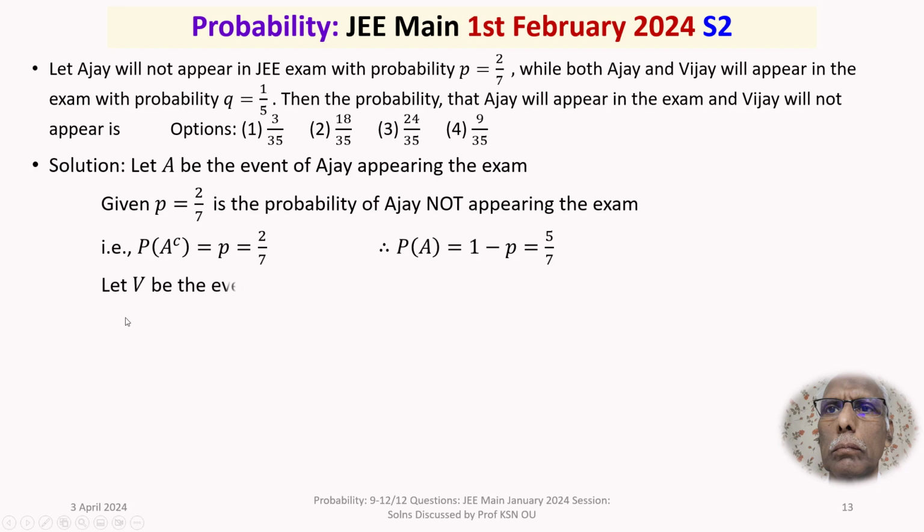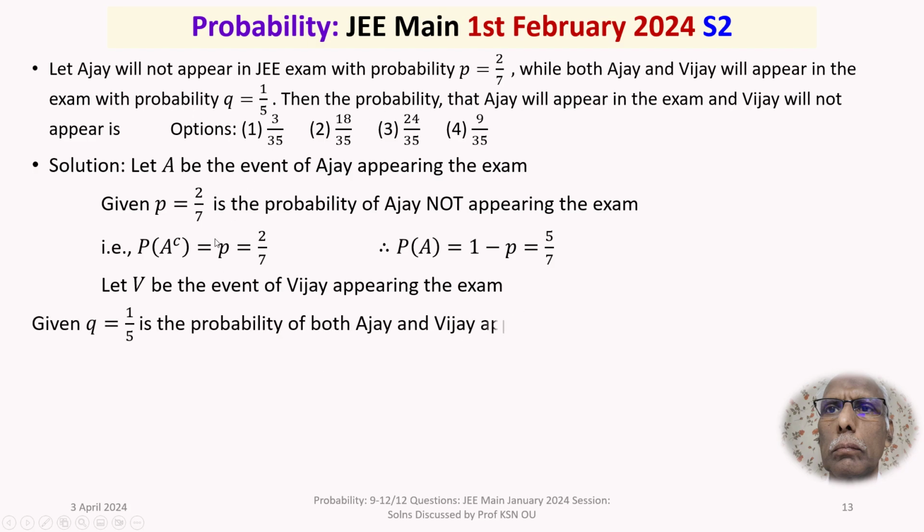Right. Let V be the event of Vijay appearing in the exam. And what is given to us? q equal to 1 by 5 is the probability of Ajay and Vijay appearing in the exam. That means the probability of A intersection V is equal to q, equal to 1 by 5.